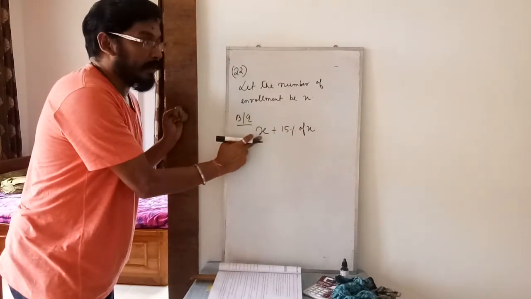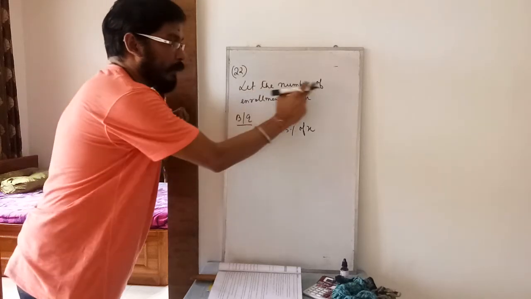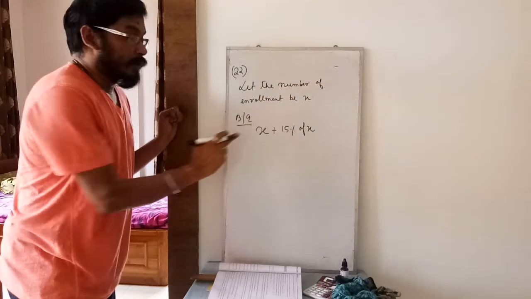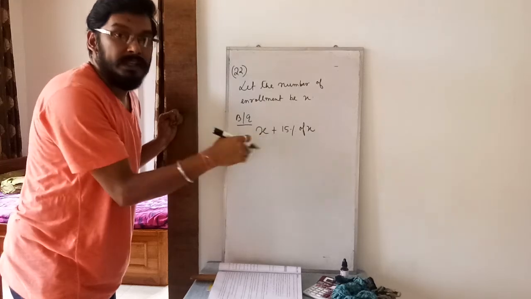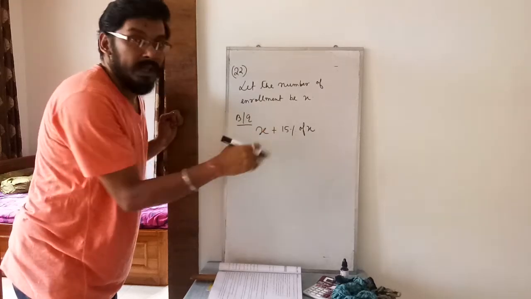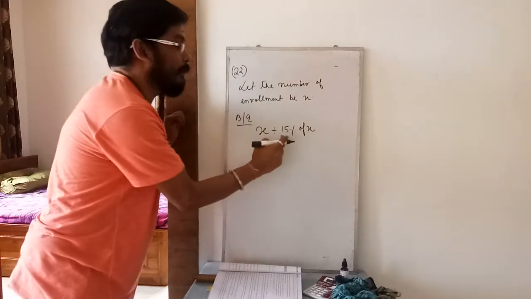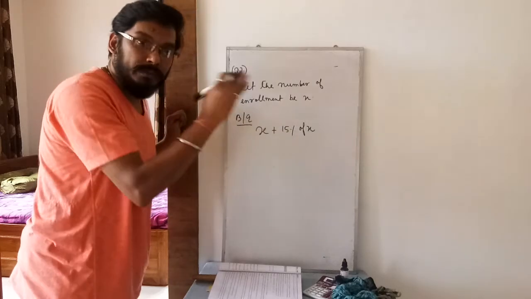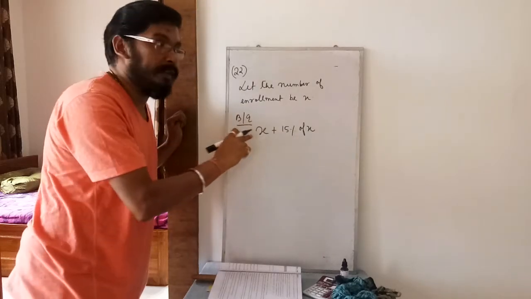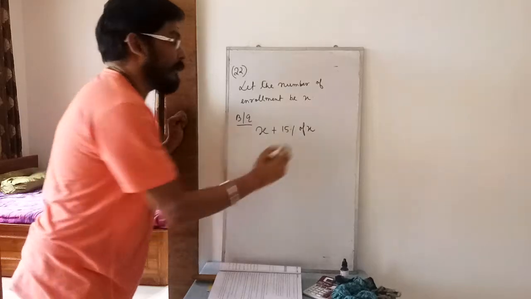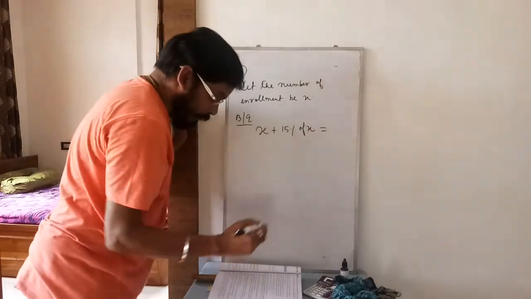So the previous year enrollment is increased, increased means plus. How much increased? 15% of X. And the total value became 552.